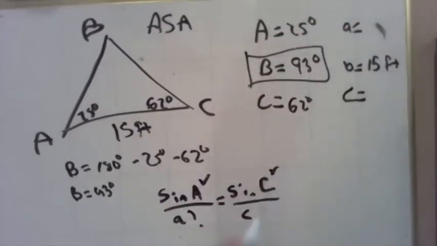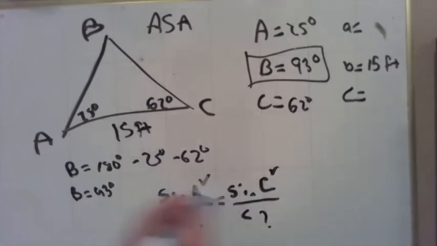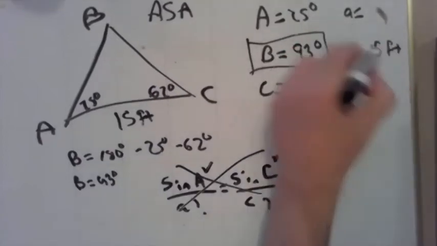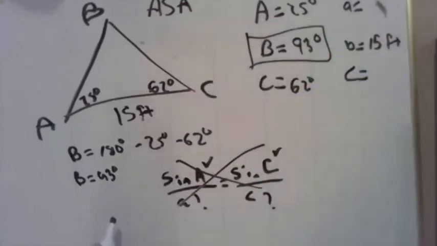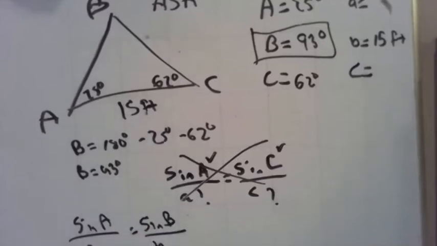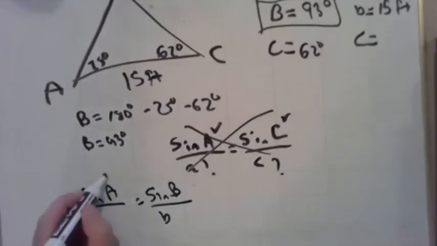Angle C? Yeah, I know that. Side c? Oh, no, I don't know that. There are two things in here I don't know. This won't help me. It's true, but it won't help me. I need an equation that has only one unknown in it. I know all the B's, so I need to get B involved here. Maybe sine of A over little a equals sine of capital B over little b. I know.